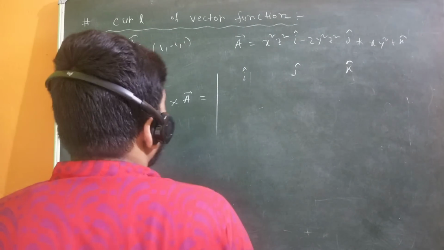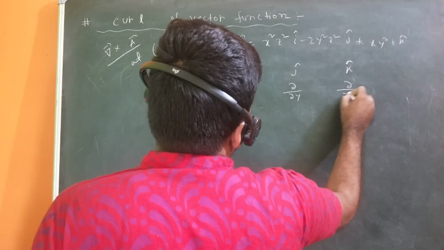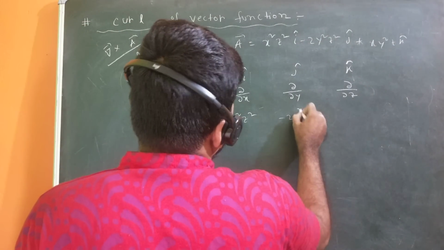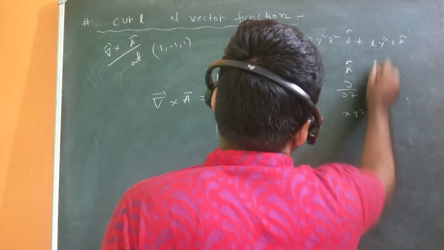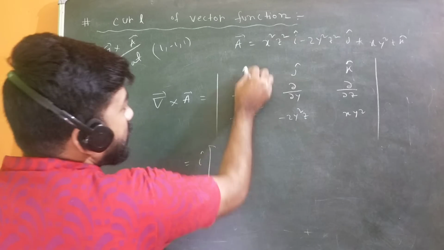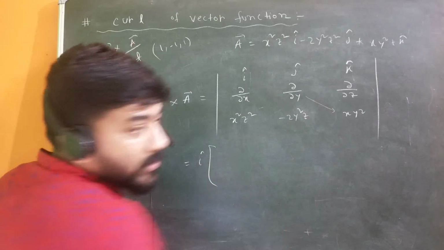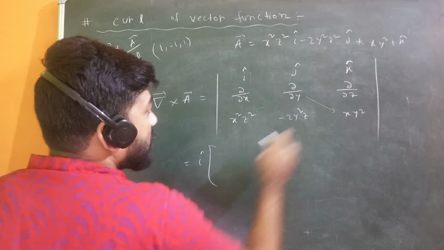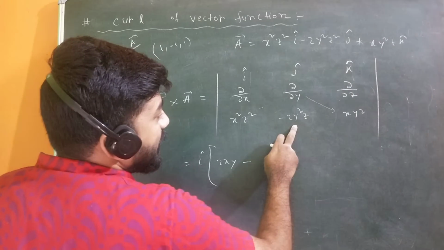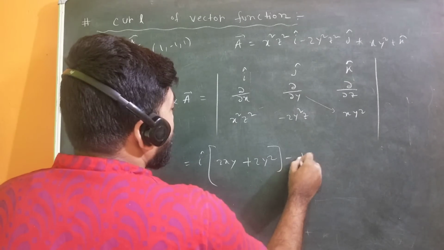Then x square z square, minus 2y square z, then x y square. So it will be i cap times del y of x y square, which is 2xy, minus del z of this, that will be minus 2y square, but it will be plus due to this minus, okay, minus j cap.